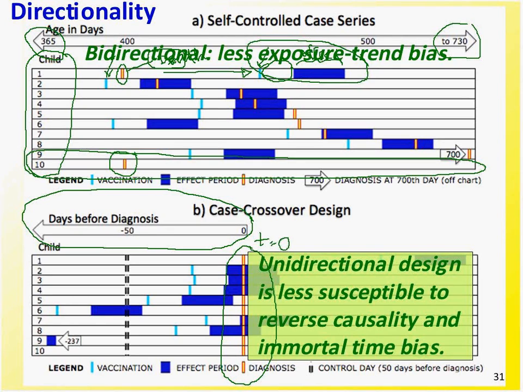So it shows you a slight difference: the self-controlled case series may include people who have not crossed over on the main exposure of interest, but have crossed over on covariates.